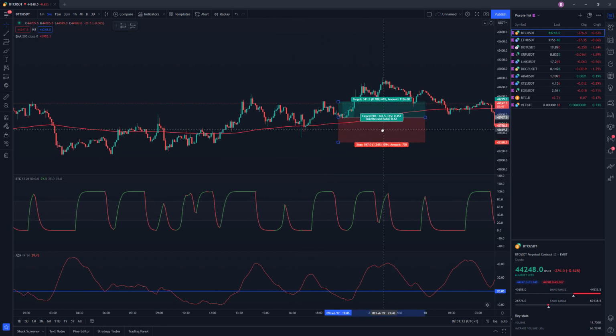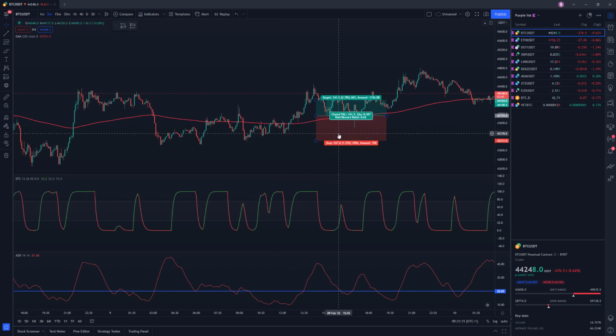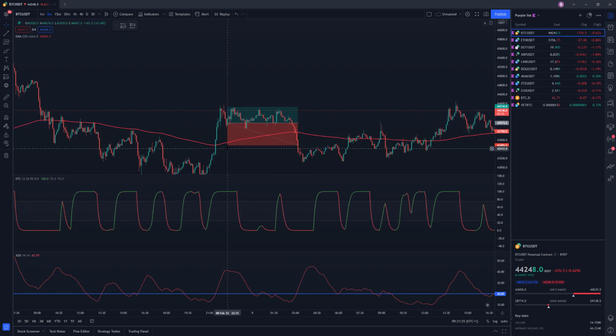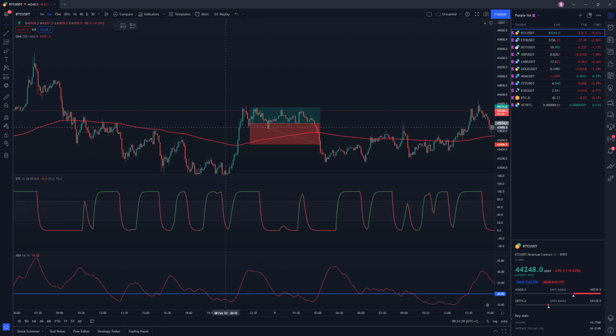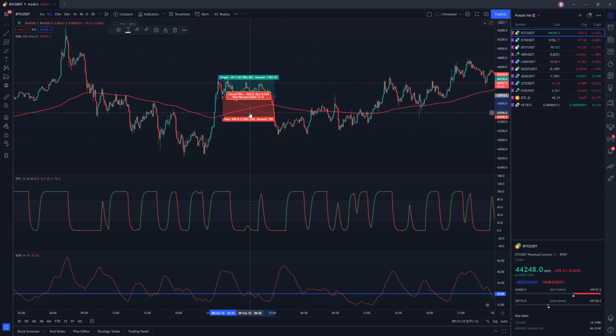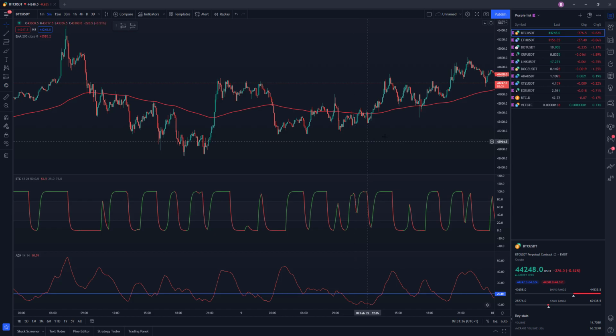It's a bit depending on what the history did. If I would have taken a long here, I would have used this swing low. If I would have taken a long, for example, right here, I would have placed it just underneath the 200 EMA. It's a bit depending on where I currently am. So I'm gonna backtest it now 100 times.